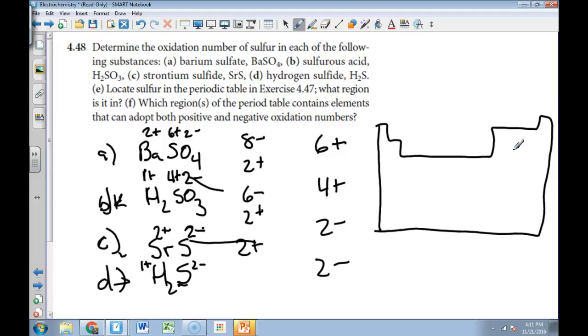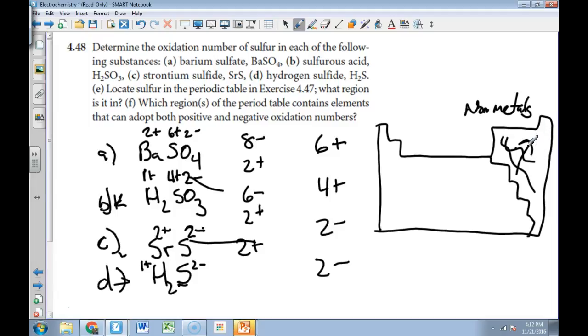Sulfur is right here. The elements that can be both positive and negative, if we look where the stair step goes down here, are all of these non-metals and metalloids, that are all above the stair step.